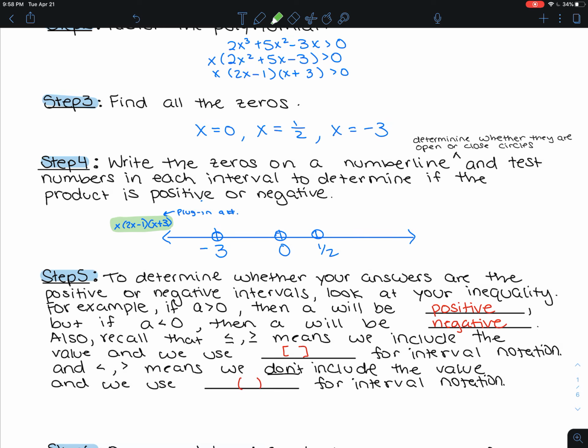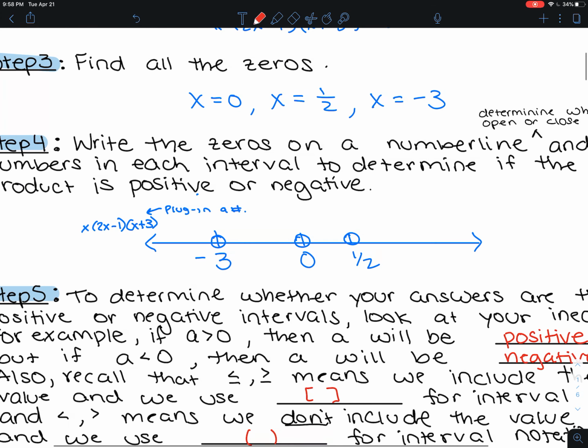If I plug in -1,000,000 into the x, I get negative. If I plug in -1,000,000 into the 2 times x minus 1, I again get a negative. And if I plug in -1,000,000 into the x plus 3, I again get negative.